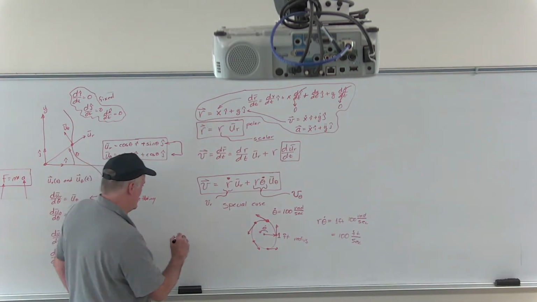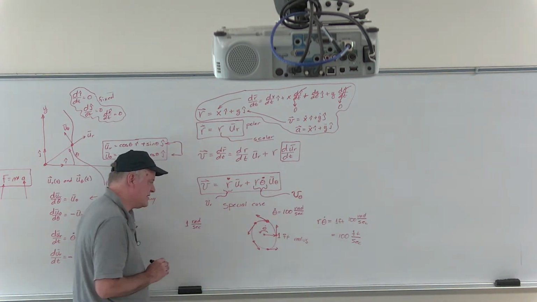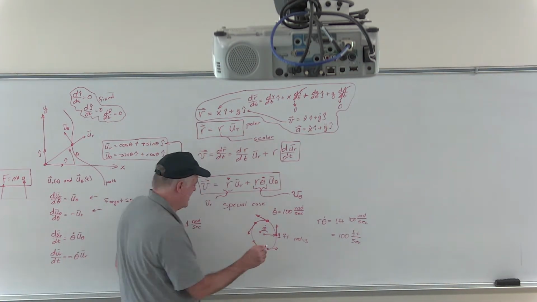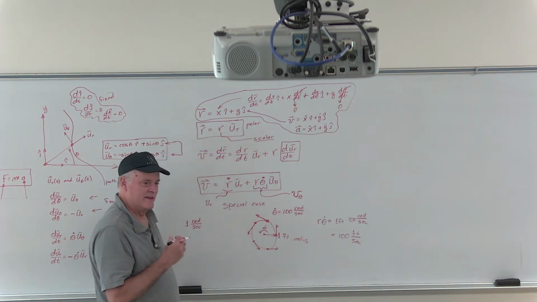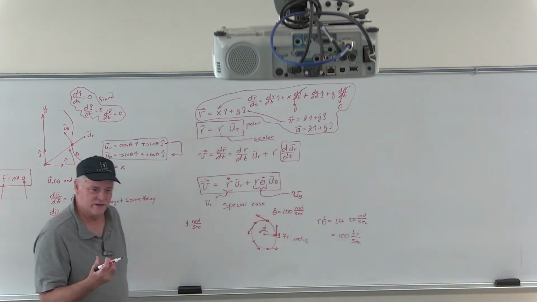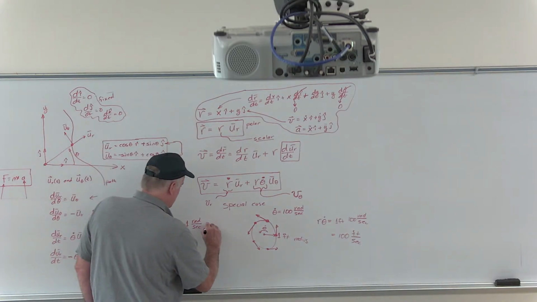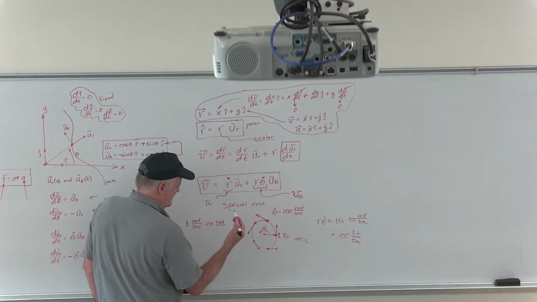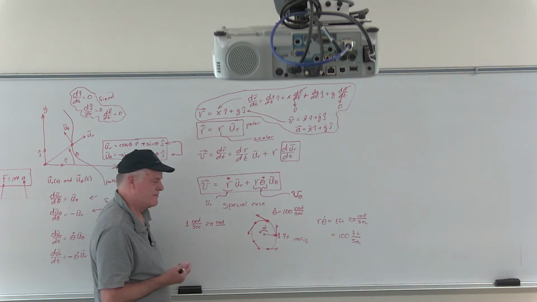If you're going 1 radian per second, how long does it take you to come from here, going at constant rate, all the way around back to here? How far did you go in theta? Didn't you go 2 pi? 2 pi radians per, what do you want to call it, cycle? Let's just call it cycle.